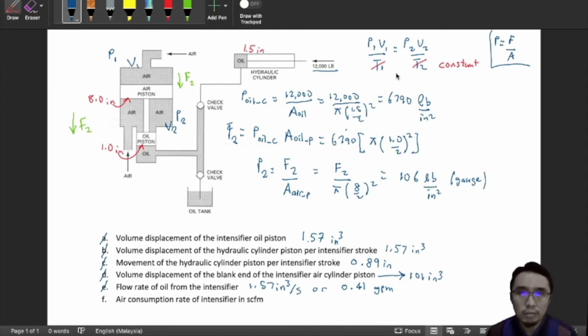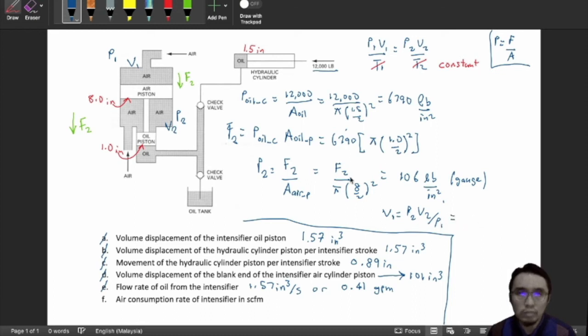So that's P2. Now, since we know P2, then we can compute V1. Once we know V1, we can compute Q1, which is what is required. V1 is equal to P2 V2 over P1.